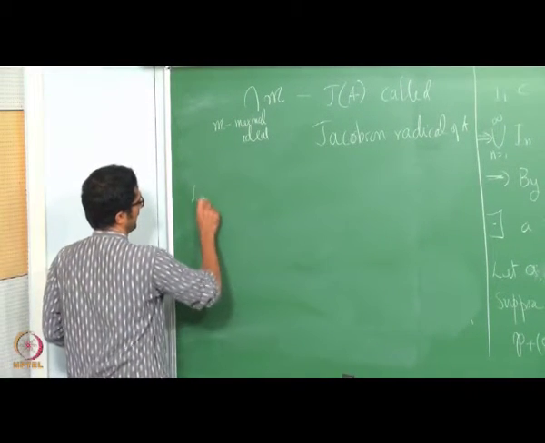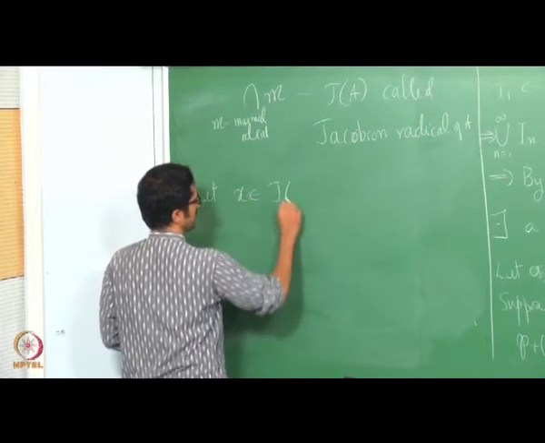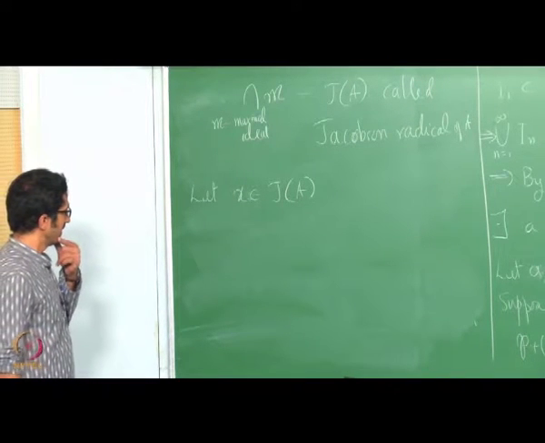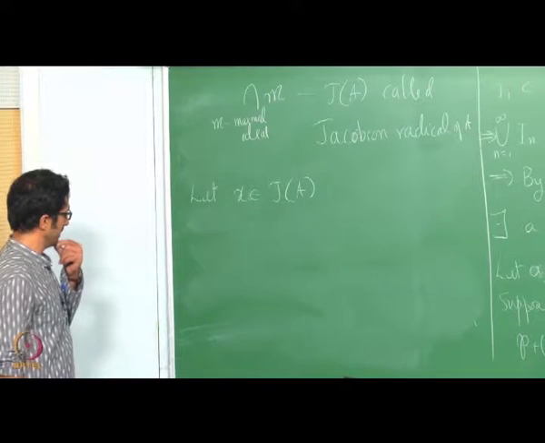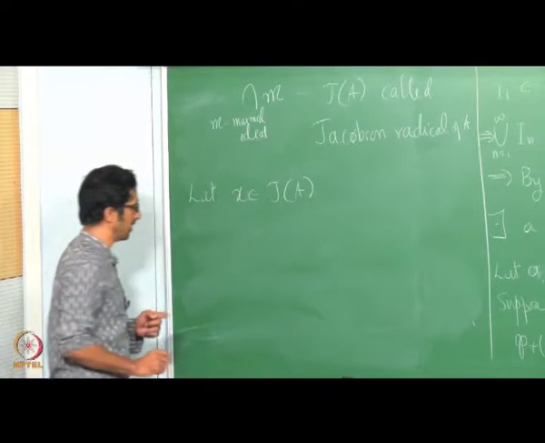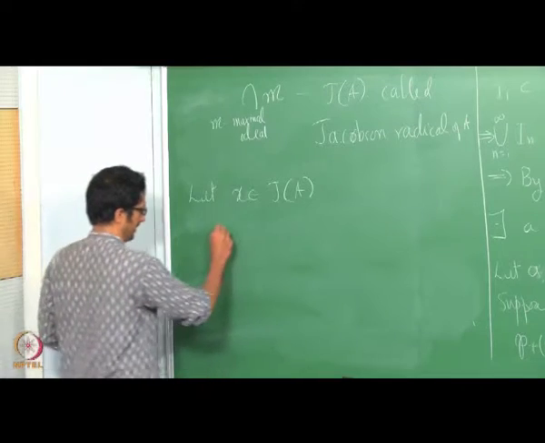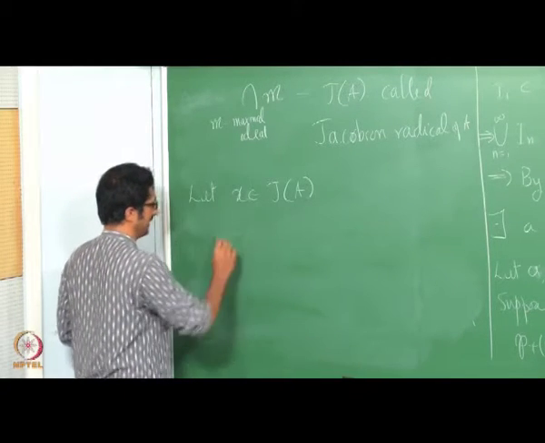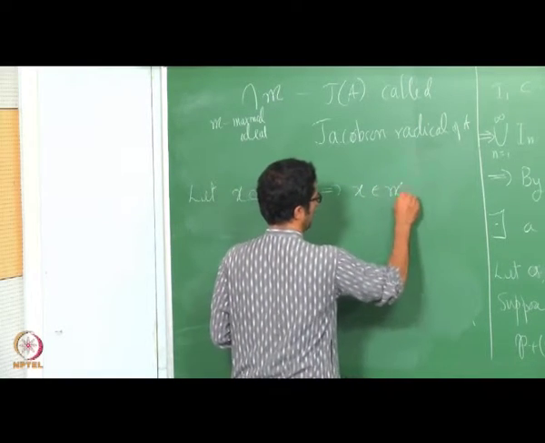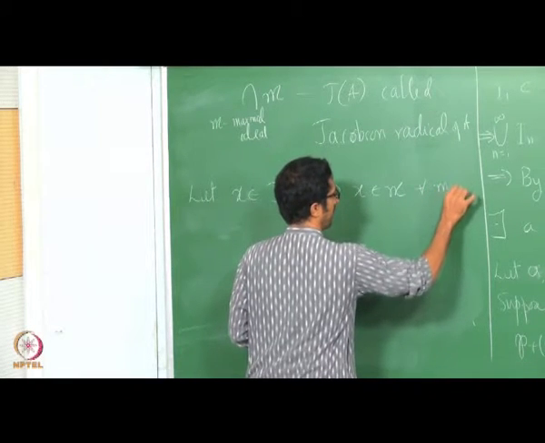Let us start with an element x in the Jacobson radical. So this is there in all maximal ideals, which says that x belongs to M for all maximal ideals M.